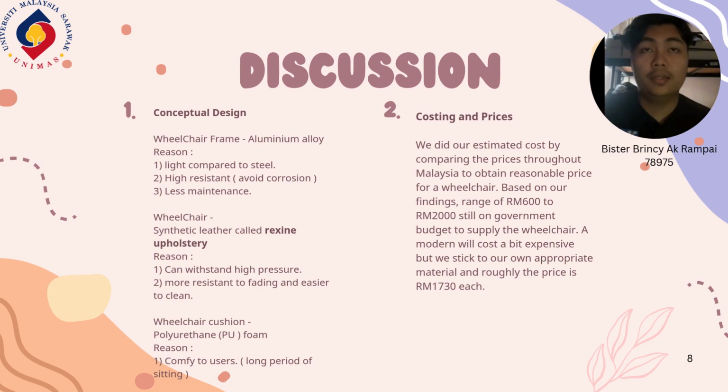Based on our findings, the range of 600 to 2000 ringgit is still within the government budget to supply wheelchairs. Our modern wheelchair will cost a bit more, as we stick to our own approved materials, roughly 1730 ringgit each. By considering the existing design and our design, we came out with our final pricing.